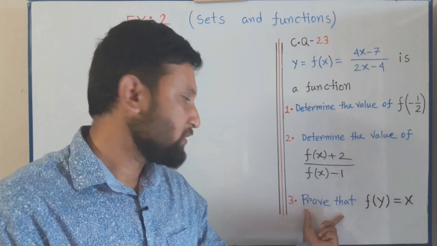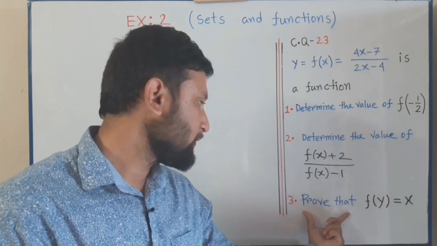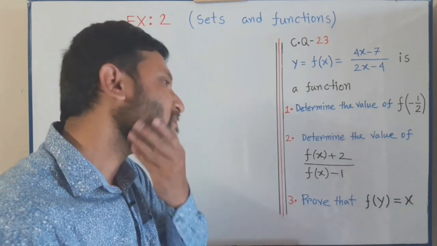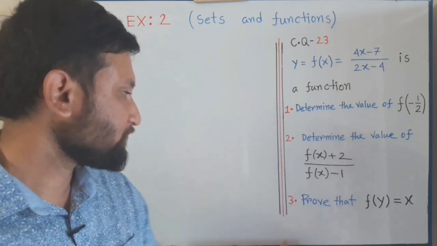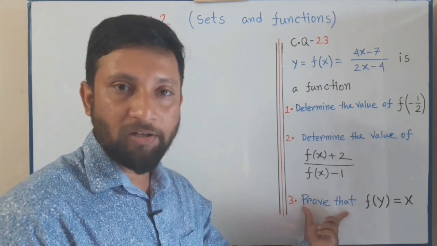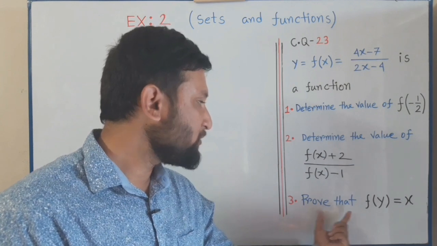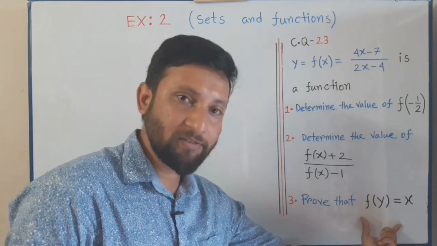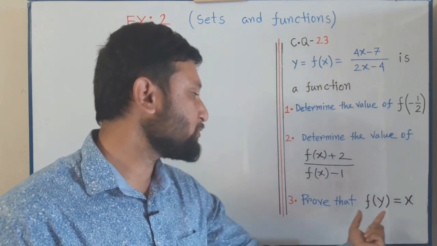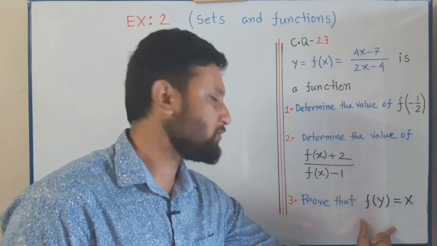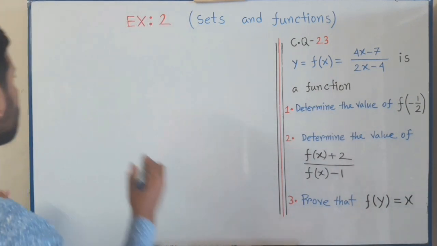Now the third one, we have to prove that f of y equal to x. Okay, by using this system we have to prove f of y equal to x. So at first write down the given part.